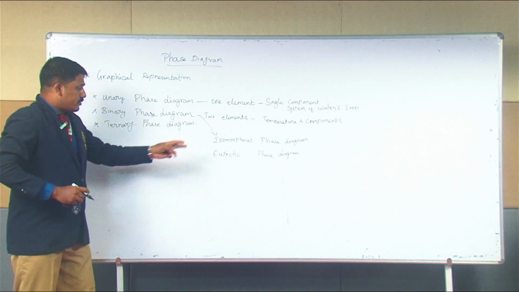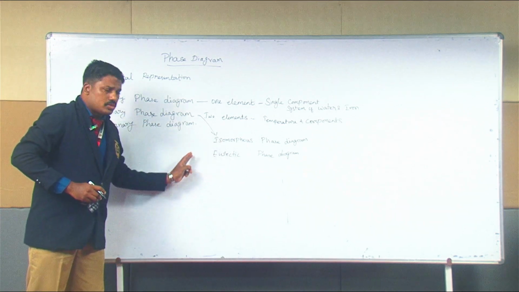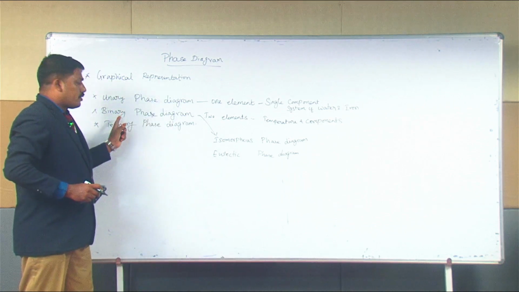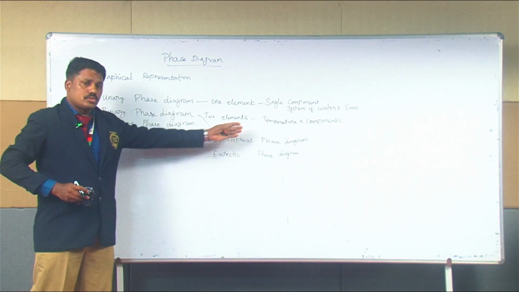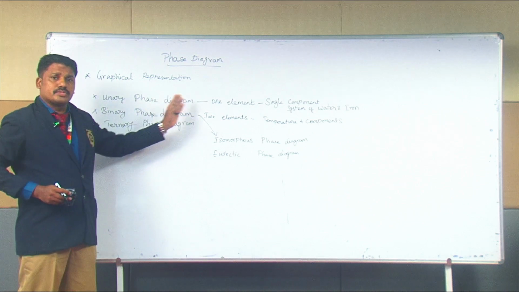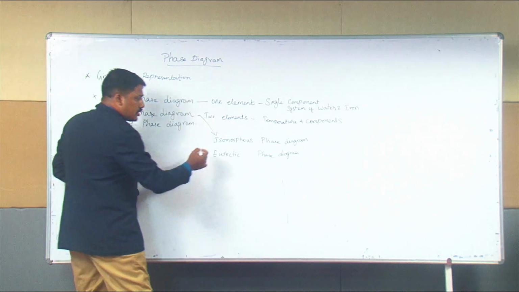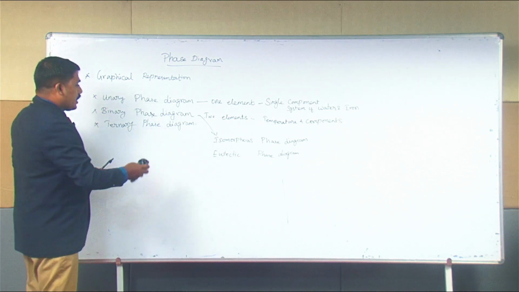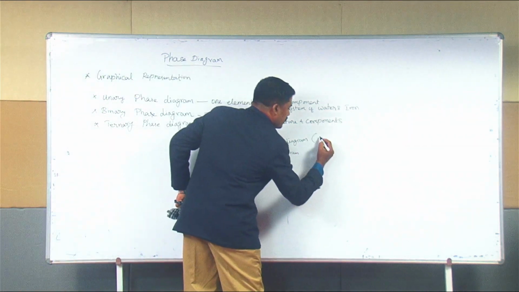For our syllabus, we discuss only the isomorphous phase diagram and the eutectic phase diagram. These are the important binary phase diagrams among the many various ones. Isomorphous means completely soluble.